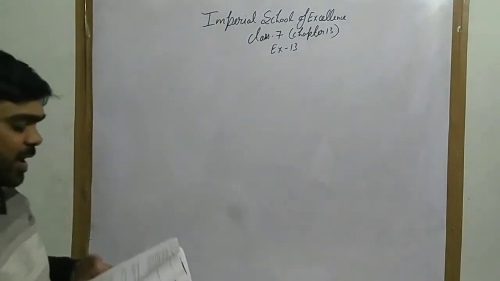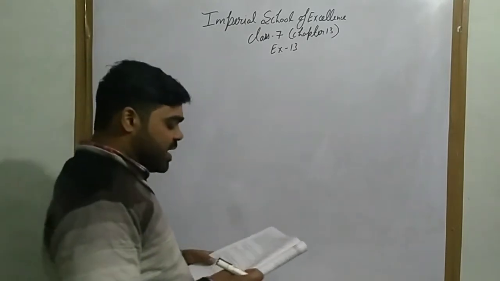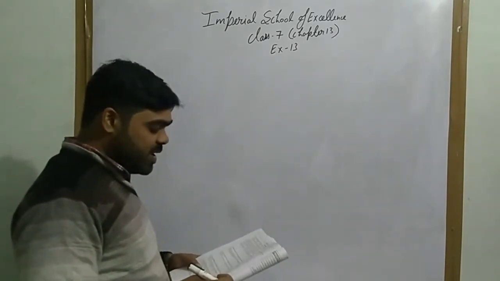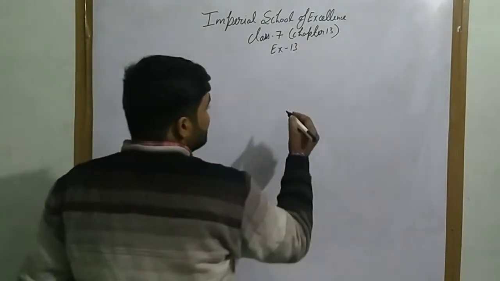In the given figure, AOB is a straight line and the ray OC stands on it. See, this is your figure.